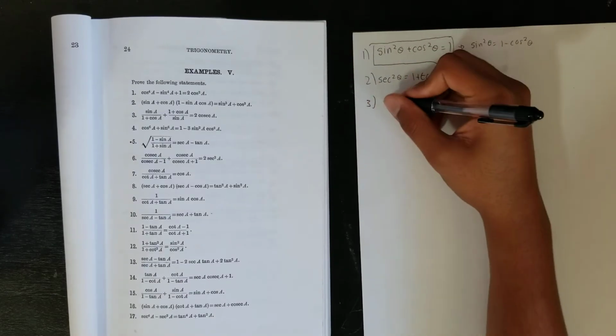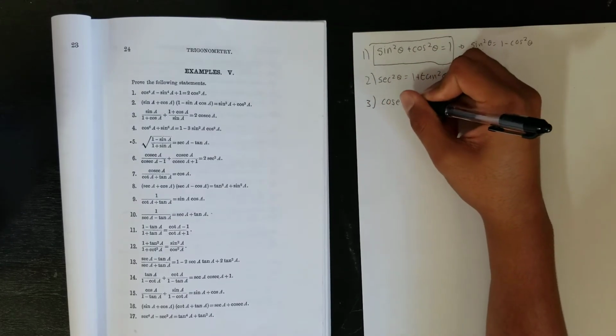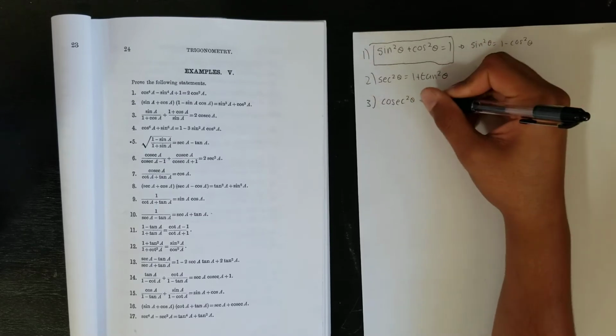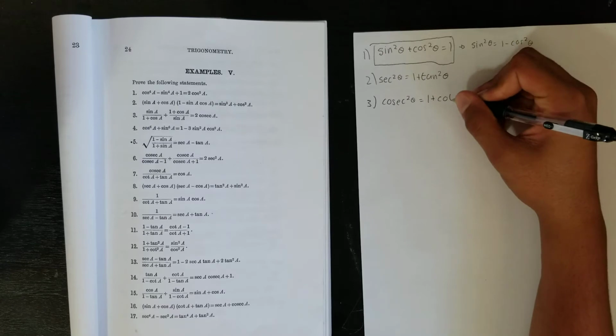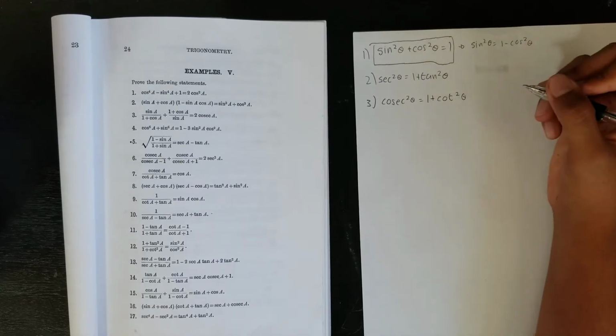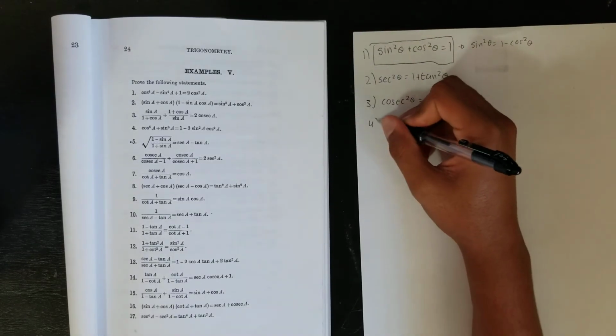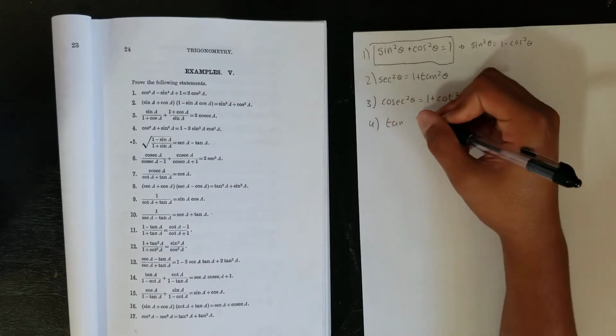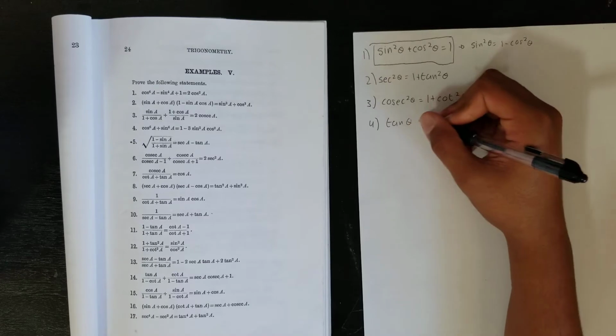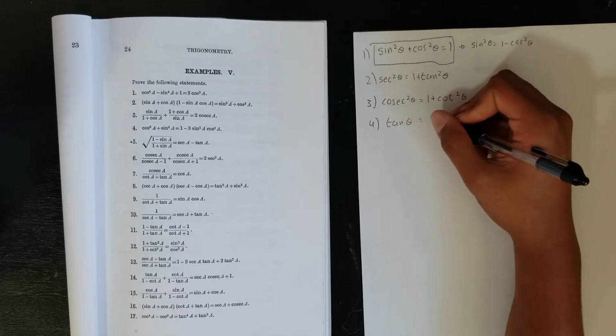Number 3 is cosecant squared theta is equal to 1 plus cot squared theta. Okay, I'm just going to go through them at this point, no more explanations, because they're all pretty self-explanatory. They're all written down. They're just things you need to memorize at some point.